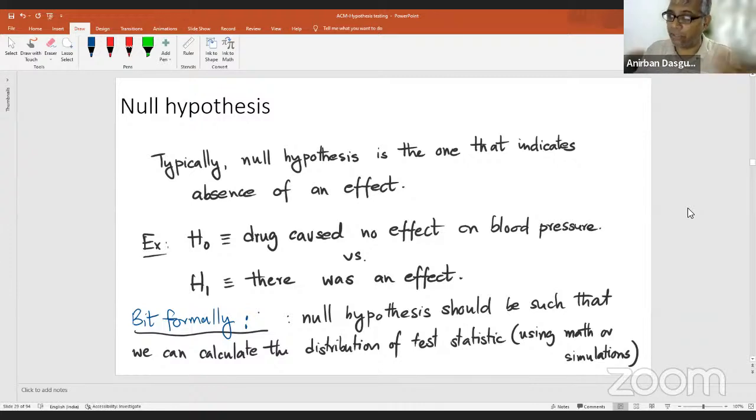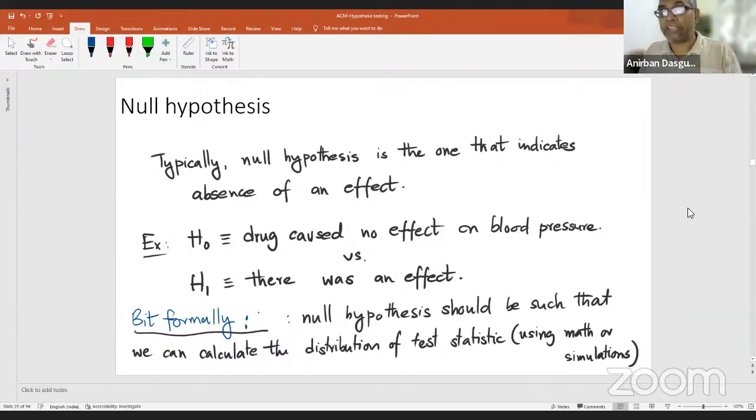Their blood pressure, or whatever they're trying to measure, has the same distribution, because under the null hypothesis this drug really has no effect. So this satisfies my statistical aspect of choosing a null hypothesis, because I'm able to say that the control group, as well as the treatment group, have the same distribution.